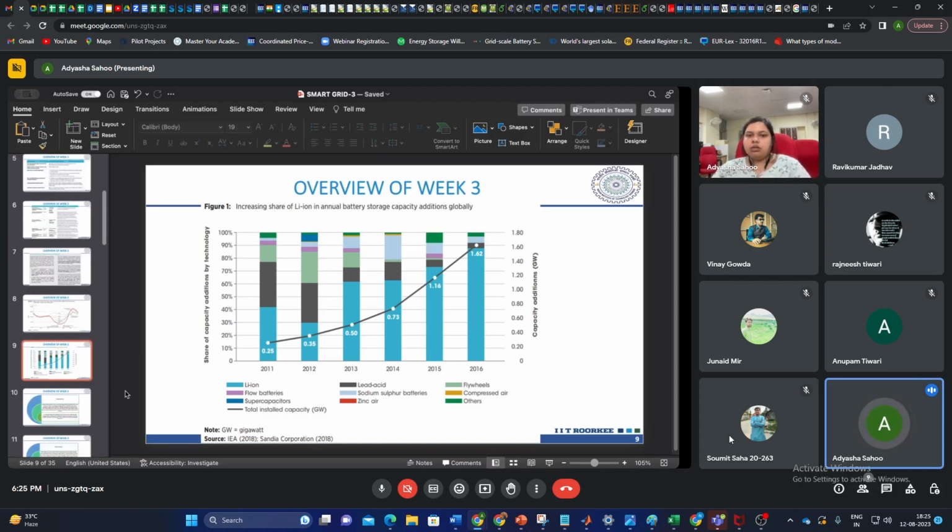During your video lectures, I think you must have come across two terms, energy density and power density. So can anyone tell me what is the difference between these two characteristics for energy storage?